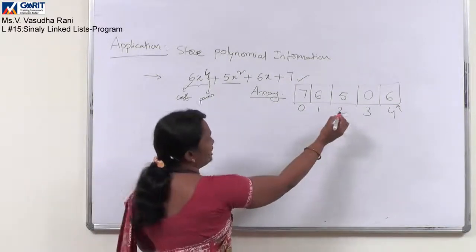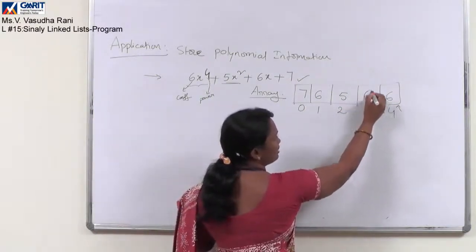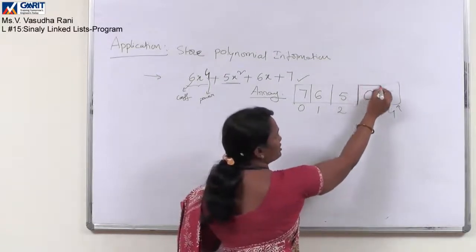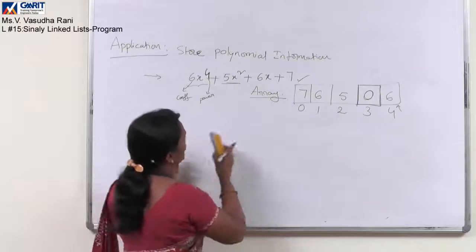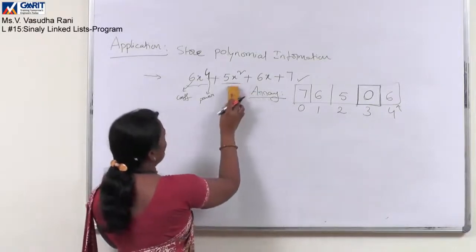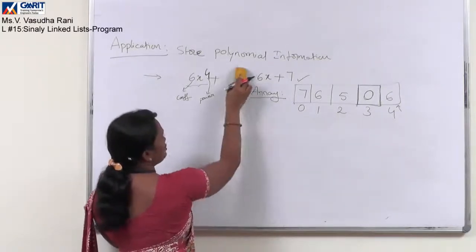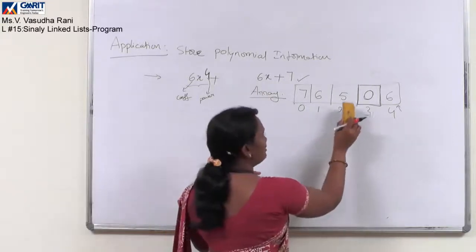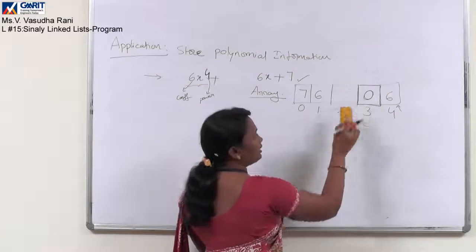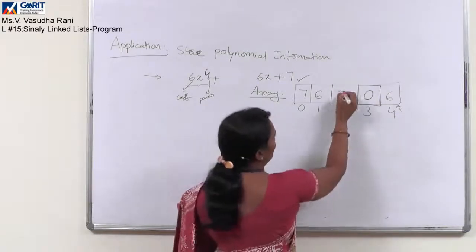So even where a term is not there, you will have one location storing the value 0. Assume even the 5x square is not there, then this term's location will still be created, but the value will be 0.